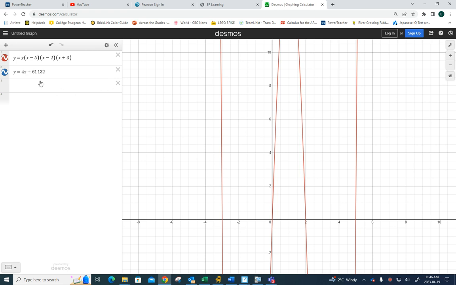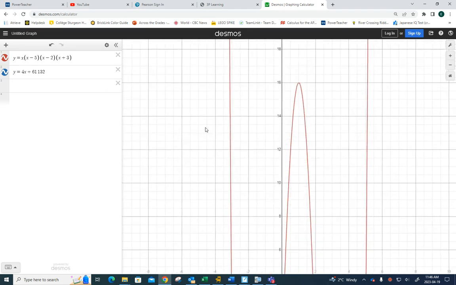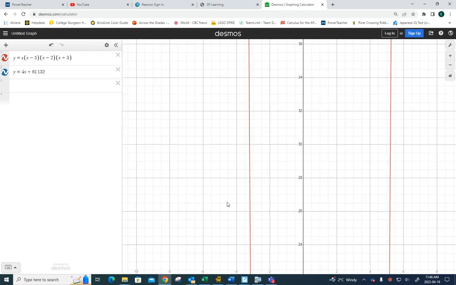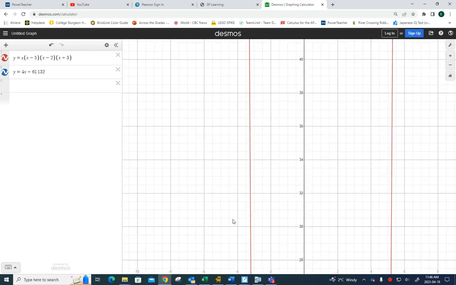Your y-intercept is 61,132. So if you're just doing this, all right, I'm at 28. How long is it going to take me to get to 61,132? A long time. Chances of a student giving up before they get there is great.